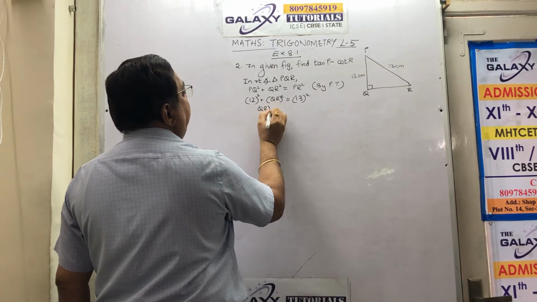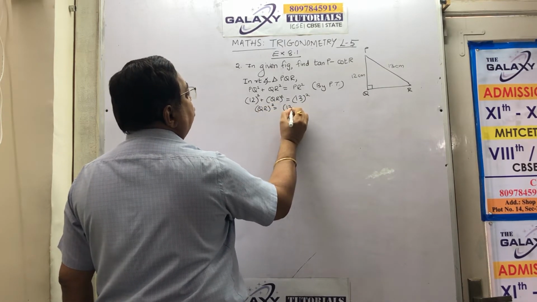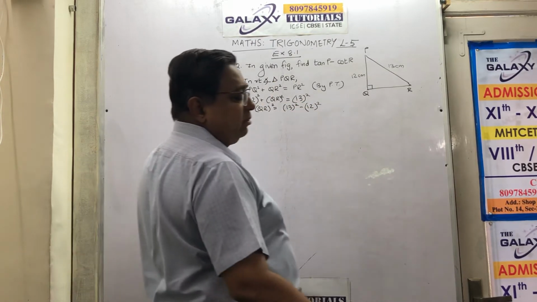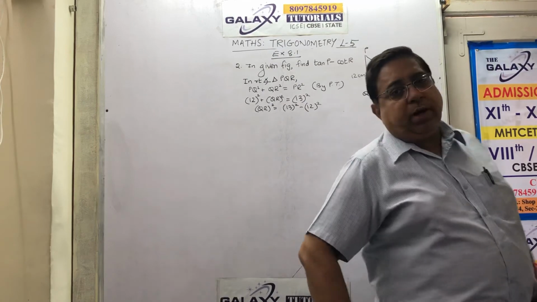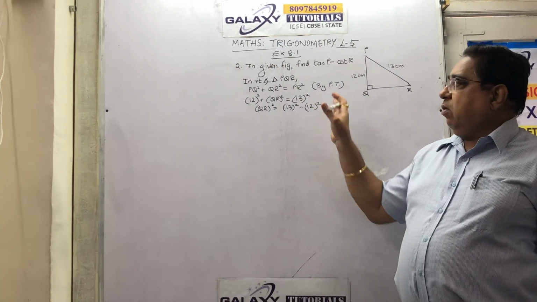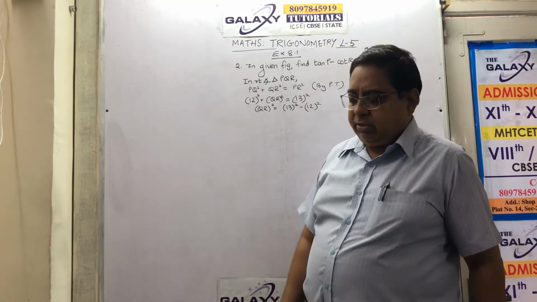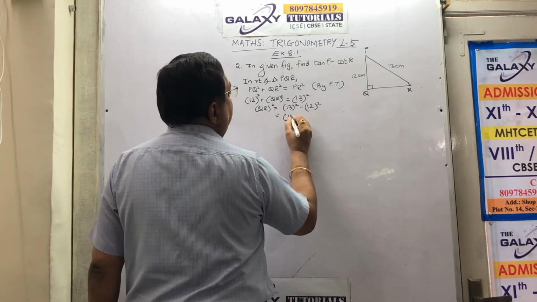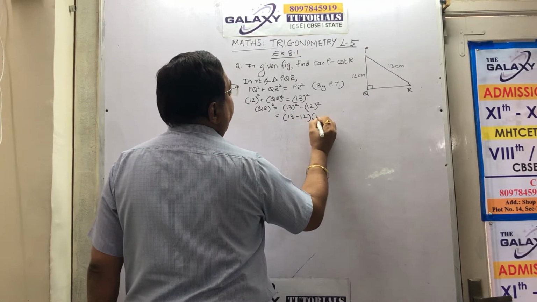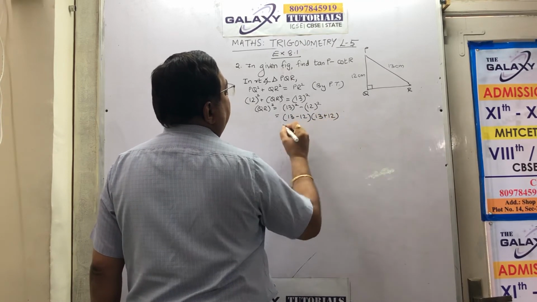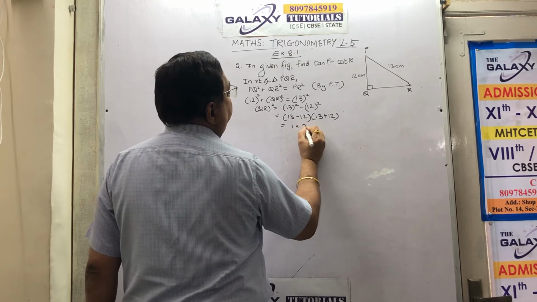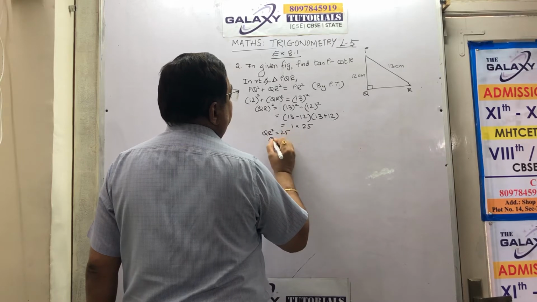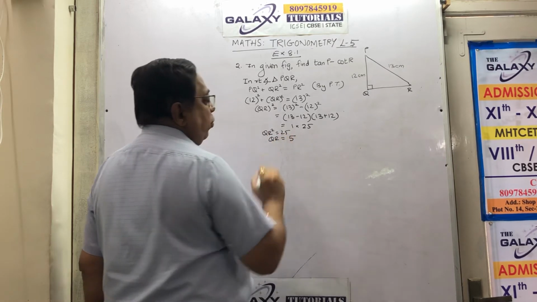Therefore, QR square is 13 square minus 12 square, taking 12 square to the other side. I need to find QR, what is known on one side, what is unknown on the other side. Now a square minus b square is a minus b into a plus b. That is 1 and this is 25. So QR square is 25, QR is 5. Square root of 25 is 5.